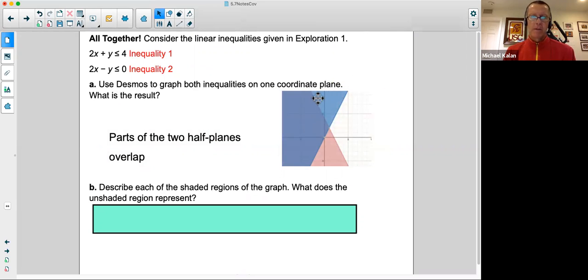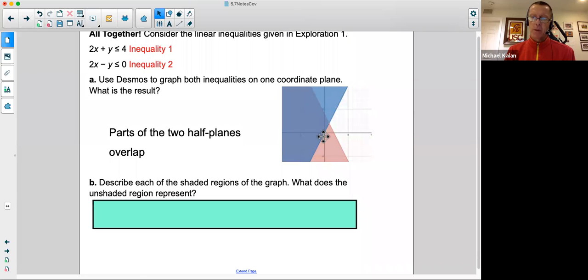My first inequality is this one in red, and it's less than, so it's shaded down this way. It's all shaded in here. And then for the other one, inequality 2, that was the blue. By the time we isolate y, it would be greater than or equal to, so it goes this way. Okay, so think about and describe what you think the 3 shaded regions and the unshaded region represent.